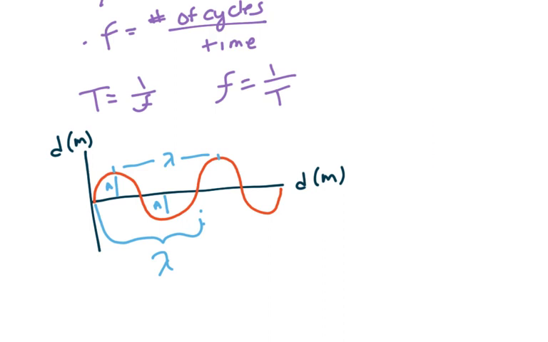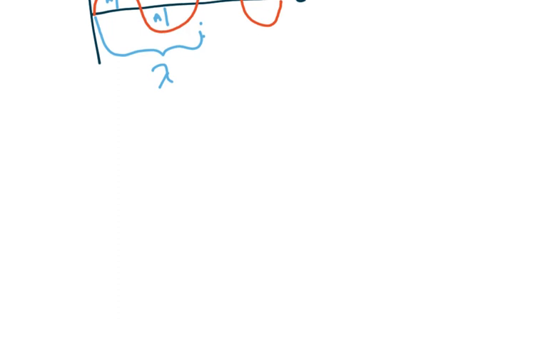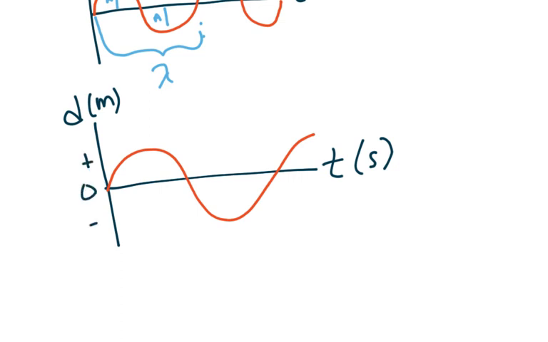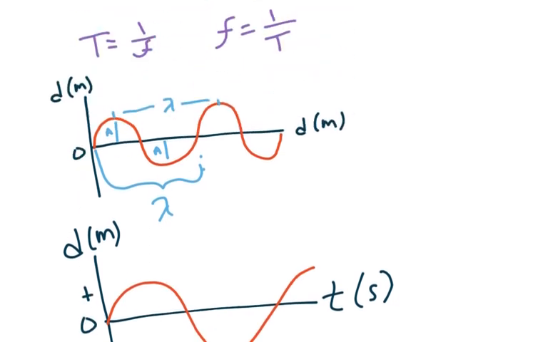If I had the same wave, but my graph had time in seconds on the x-axis, then now I can tell information about the period. This would still give me information about the amplitude, and I should probably put in the positives and negatives here.